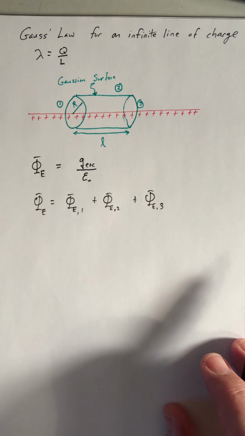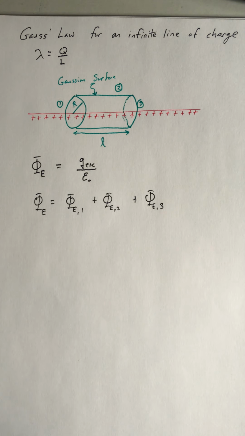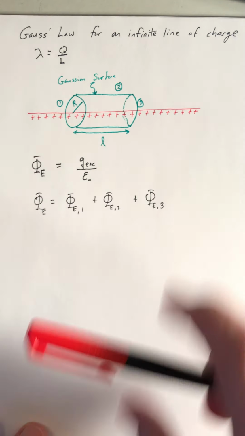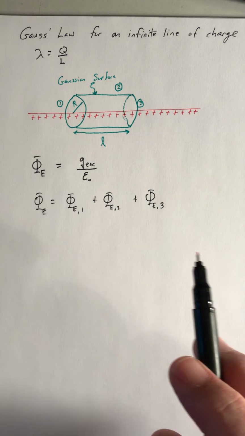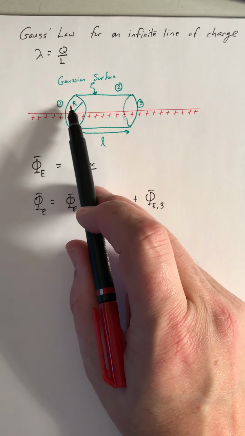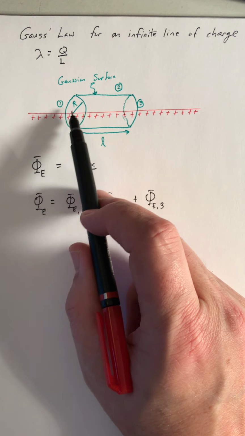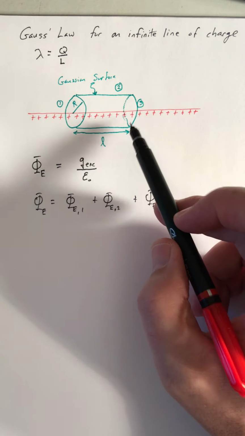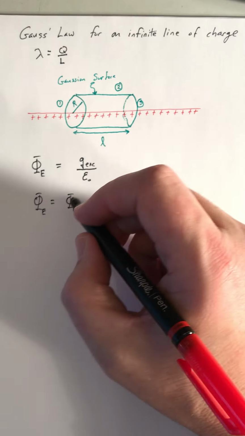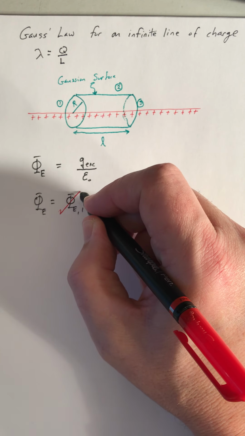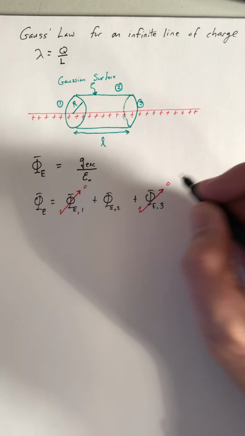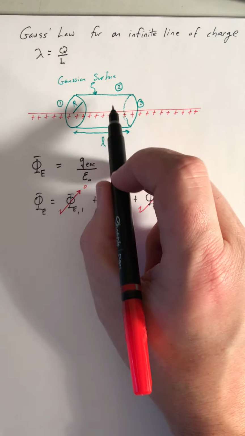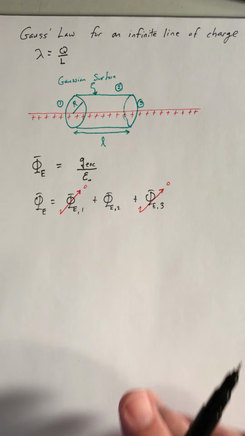So there are 3 surfaces. Now, since the electric field is going to have to point radially away from the line charge, and it can't tilt left, it can't tilt right, no electric field line can penetrate the end cap 1 or the end cap surface 3. So there can't be any flux through those. So I can set those to 0, and all of the flux is going to come through the wall of the cylinder.